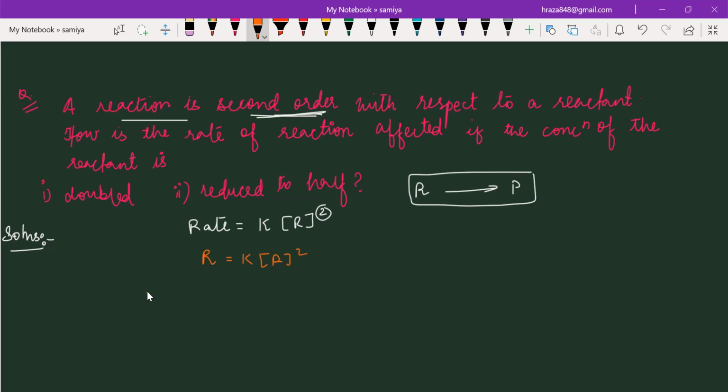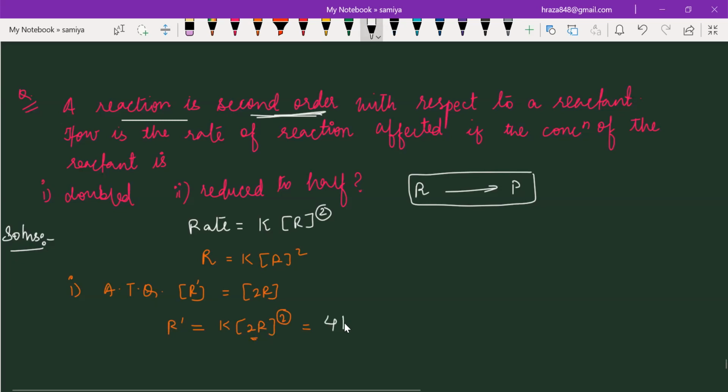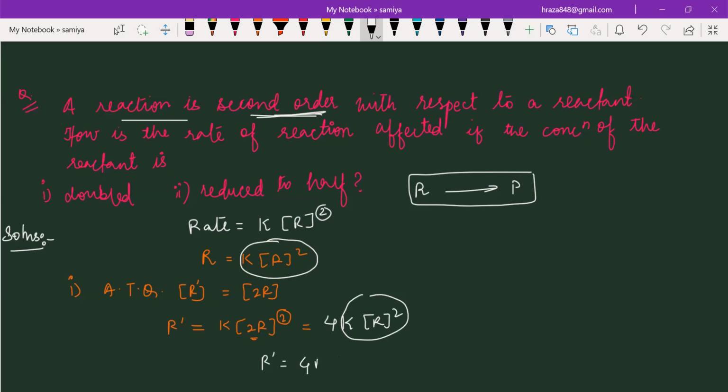The new rate R dash, according to the question, has the concentration of R doubled, so the new rate will be K times 2R whole squared. The order of the reaction is the same. The square of 2 is 4, so I can write 4K R squared, and this is KR squared. So R dash will be 4 times the initial rate of reaction.